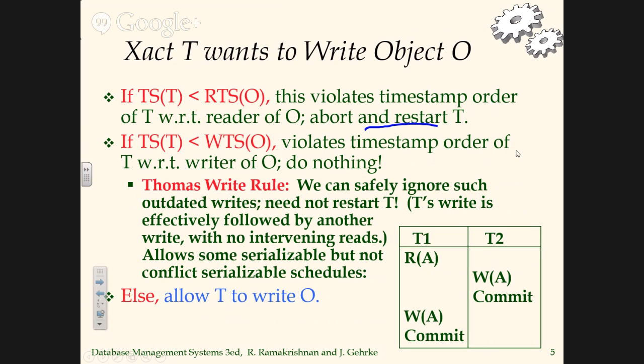This would violate the timestamp order of your transaction with respect to the writer, the transaction that actually wrote the object. But the solution to this is actually not to abort and restart, it's to do nothing. And this is really important. So this is based on the Thomas Write rule, which says that you can safely ignore these.